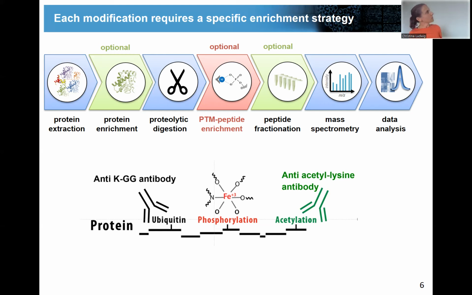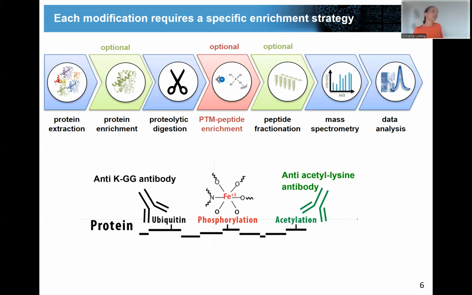There are also good antibodies available for acetylation of lysines, and there are also procedures for phosphopeptide enrichment using metal ions usually, and these metal ions will form a chelating complex with phosphate groups, and when you immobilize them, you can by that enrich phosphopeptides. And that's also the reason why in the literature these 3 biological PTMs are by far the best studied ones in the field of proteomics.